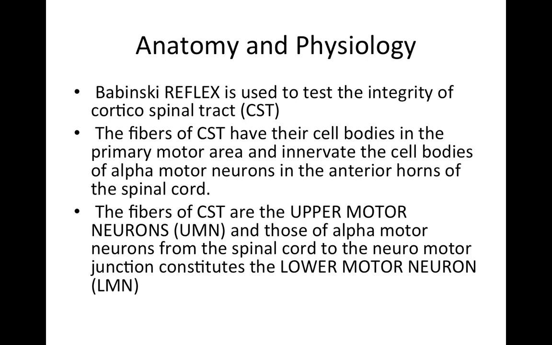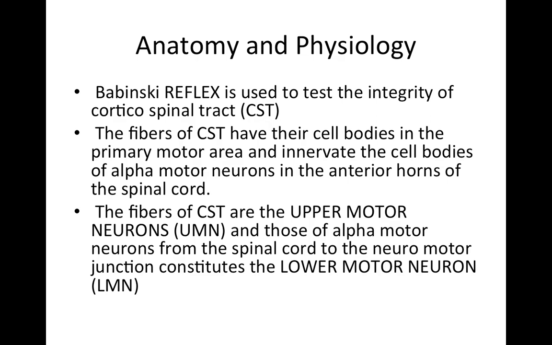They are called the upper motor neurons. Upper motor neurons have their cell bodies in the motor cortex of the cerebral hemisphere, and from that point down to the anterior horn cells, they are called the upper motor neurons.